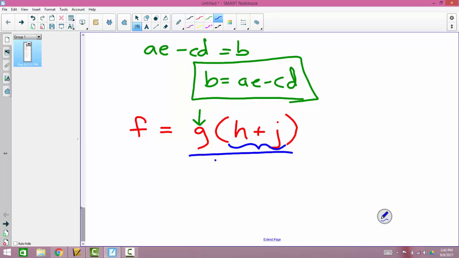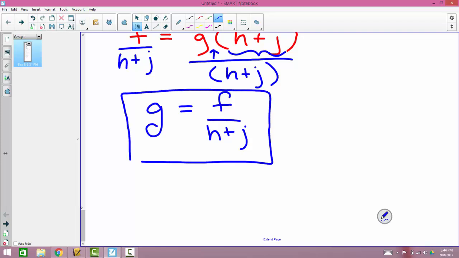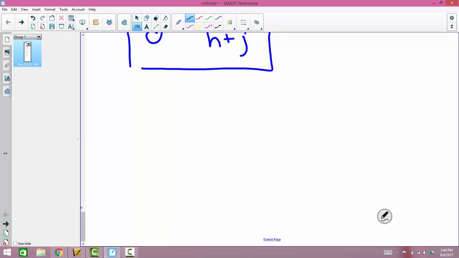So you can divide by H plus J all together because it's multiplied right there. What you do to one side, you must do to the other. So G equals F divided by H plus J.